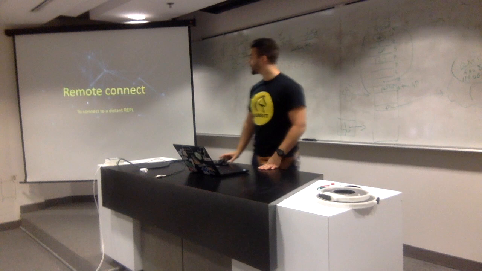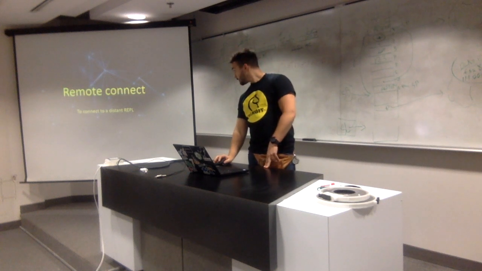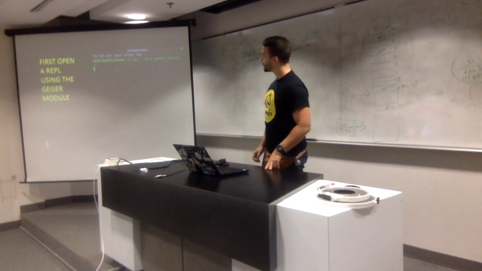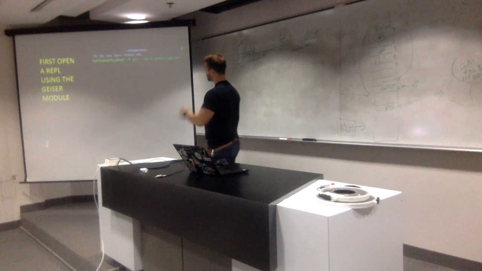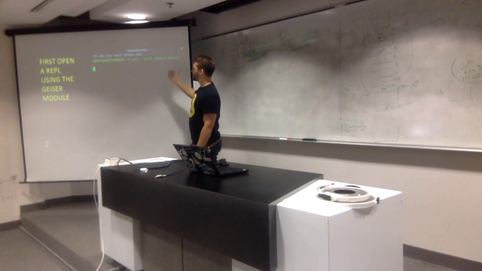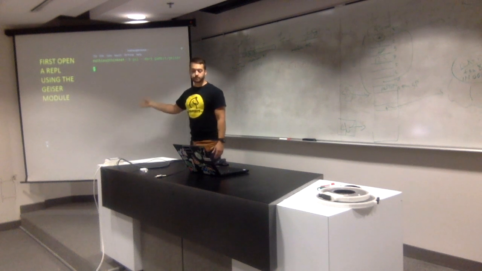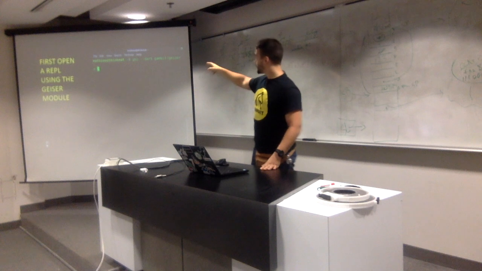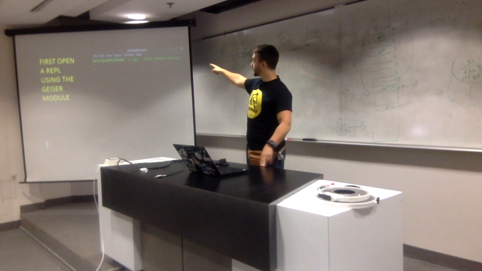Then there is remote connect, to connect to a distant REPL. Yeah, it's pretty obvious what it does. First, you open a terminal using the Geyser module. The name of the Geyser module changed, but the thing is that you have to open a terminal. It is still the case. So you open the terminal, you open GSI using this command and the Geyser module.